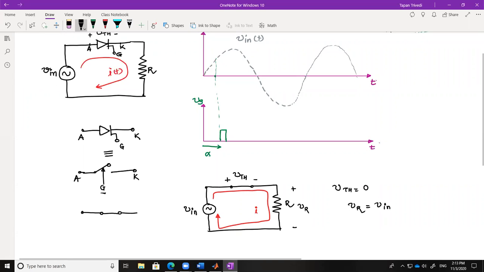So the voltage across the resistor, which you can also call the output voltage, is the same as the input voltage, right? So the moment you apply the control signal to the switch, it behaves as a closed switch, and you get the output voltage like this.